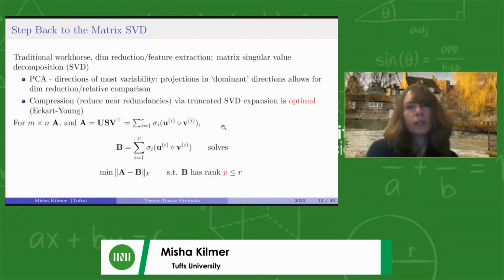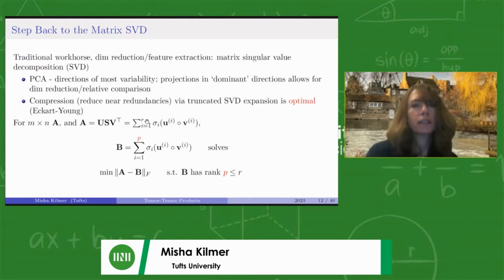And one thing that we know is that if we want to find an approximation to the matrix A, and we want to do it in an optimal way in the Frobenius norm, with a matrix that has rank P, where P is less than the rank of the matrix A, then the singular value decomposition just gives it to me, right?